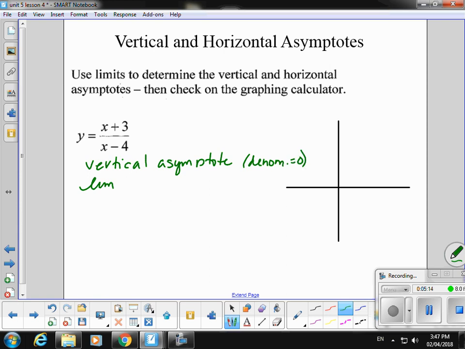So I'm going to look at the limit as x approaches 4 from the right and the limit as x approaches 4 from the left. We're pretending ignorance of what this thing looks like. x plus 3 over x minus 4.